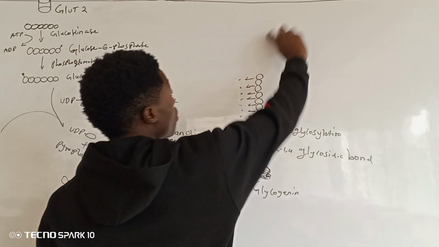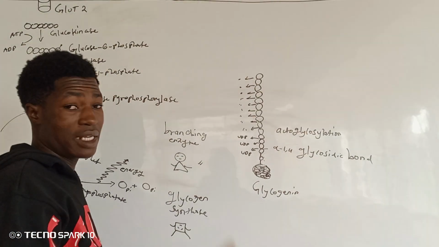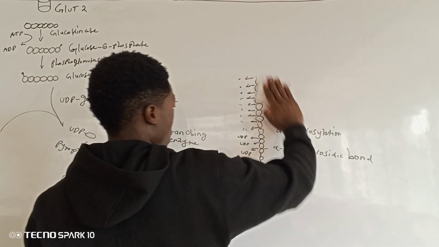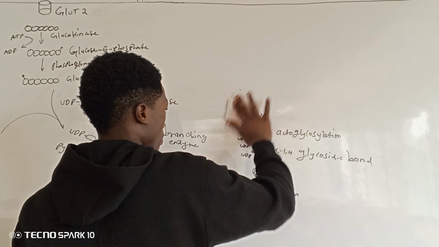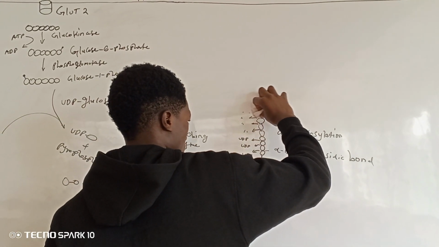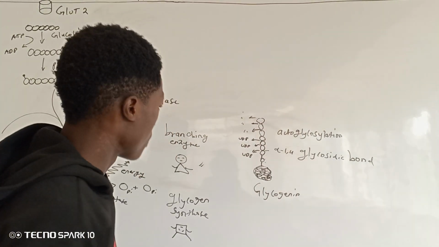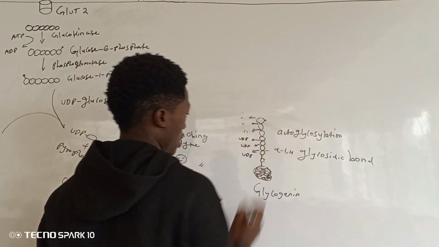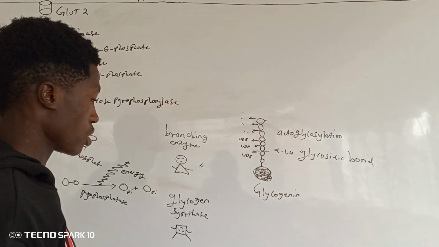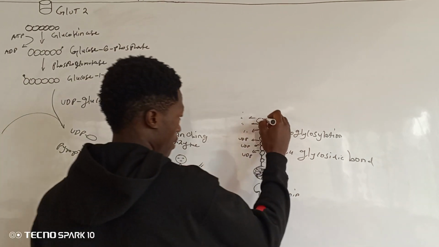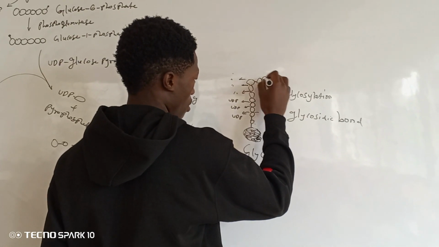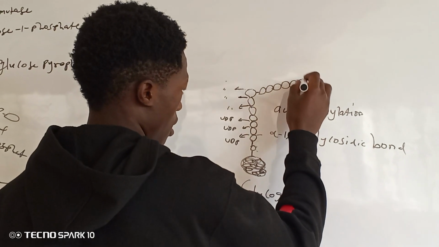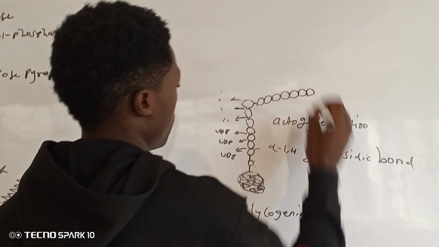This chain is going to go too long so that you are not going to package enough glucose molecules. So, it's going to come here and break some of these. So let's see, this is the 6th carbon in the glucose molecule. So, it's going to form alpha 1,6 glycosidic bond and fix them back.